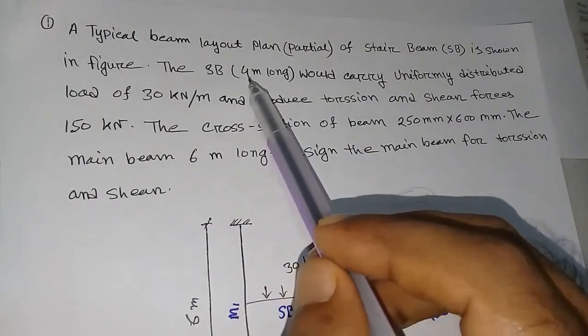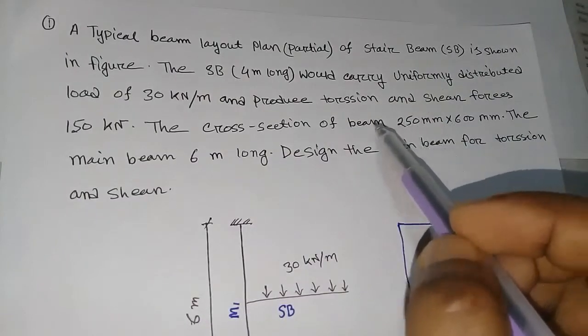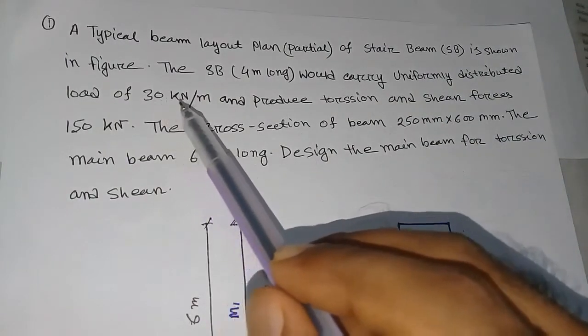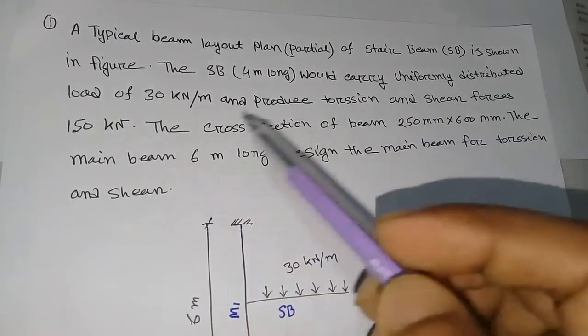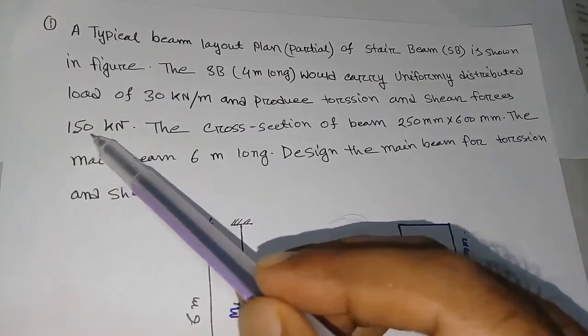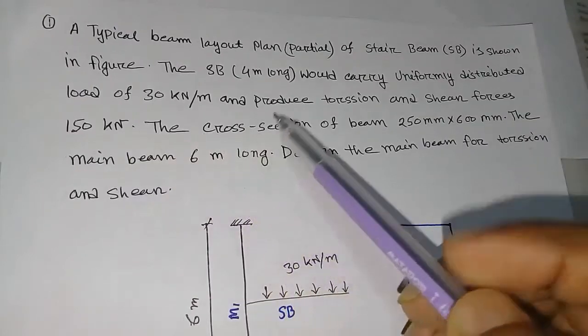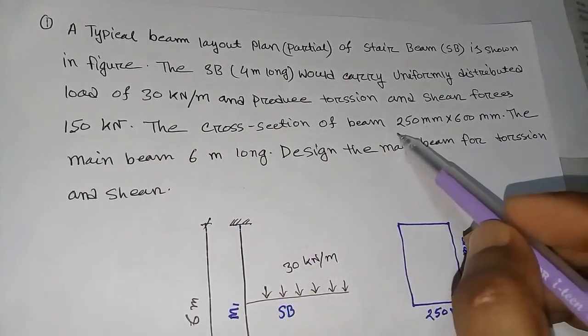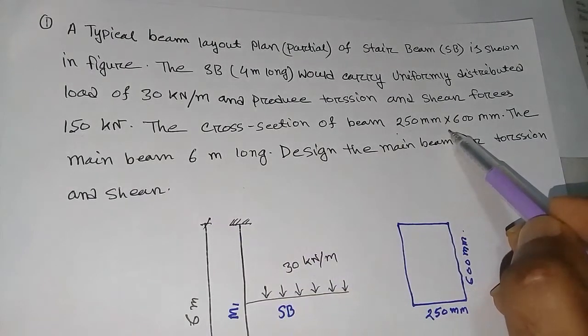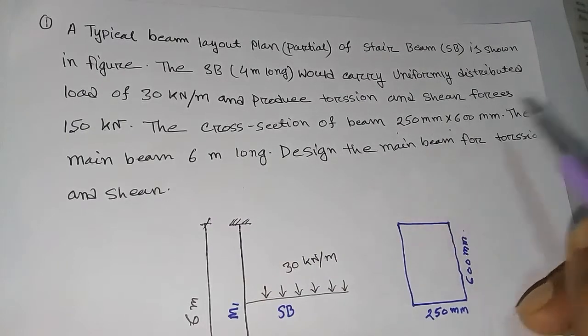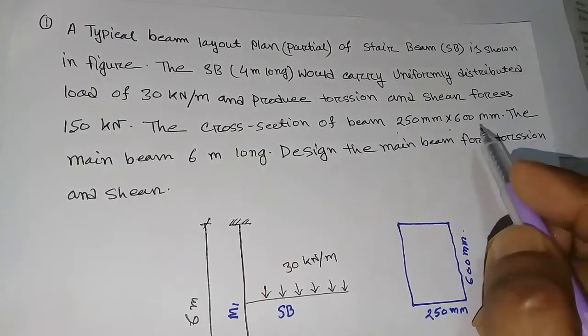The SB, 4 meter long, carries a uniformly distributed load of 30 kilonewton per meter and produces torsion and a shear force of 150 kilonewton. The cross section of the beam is 250 millimeter by 600 millimeter. The main beam is 6 meter long. Design the main beam for shear and torsion.